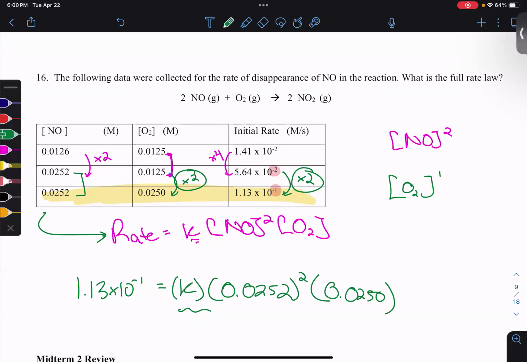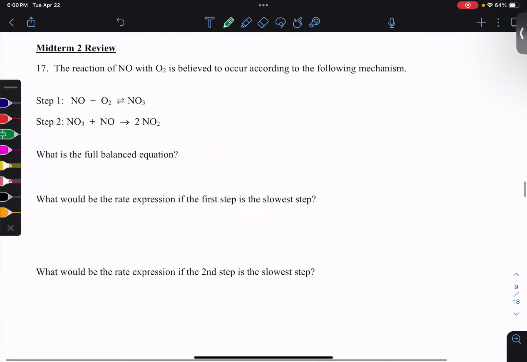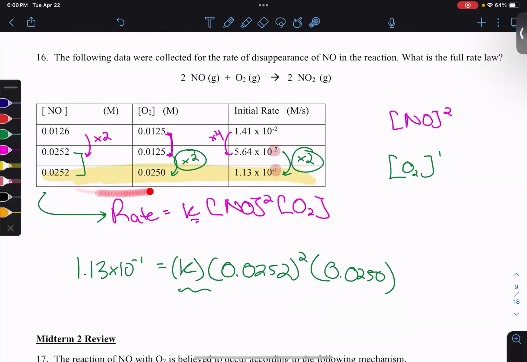Okay. All right, so someone wanted mechanisms. Mechanisms are specifically for elementary reactions. How we get a rate law has to come from experimental data. Is this experimental data? Yes, it is. So that's how we were able to get a rate law.